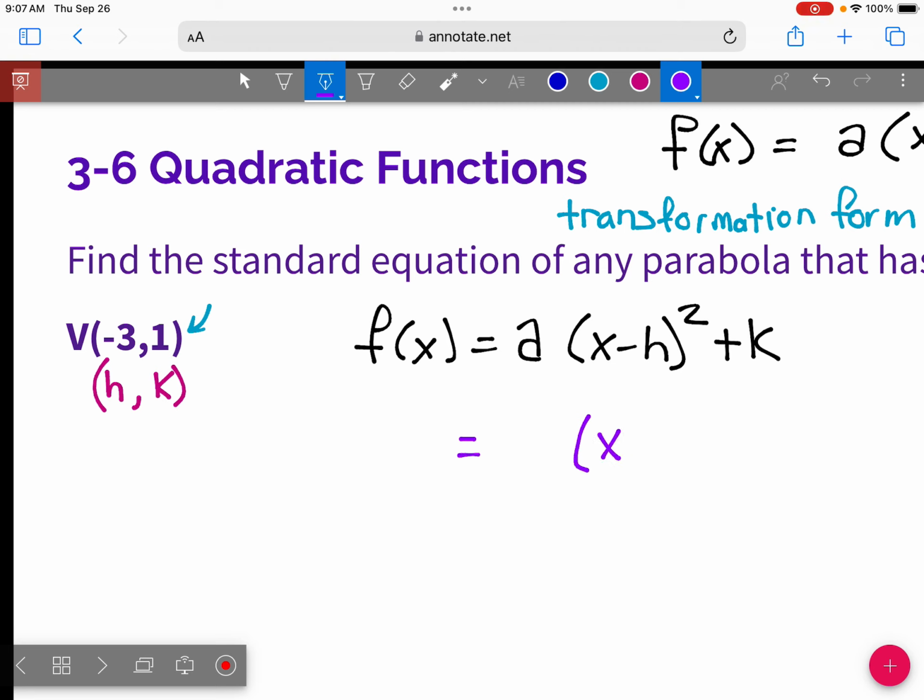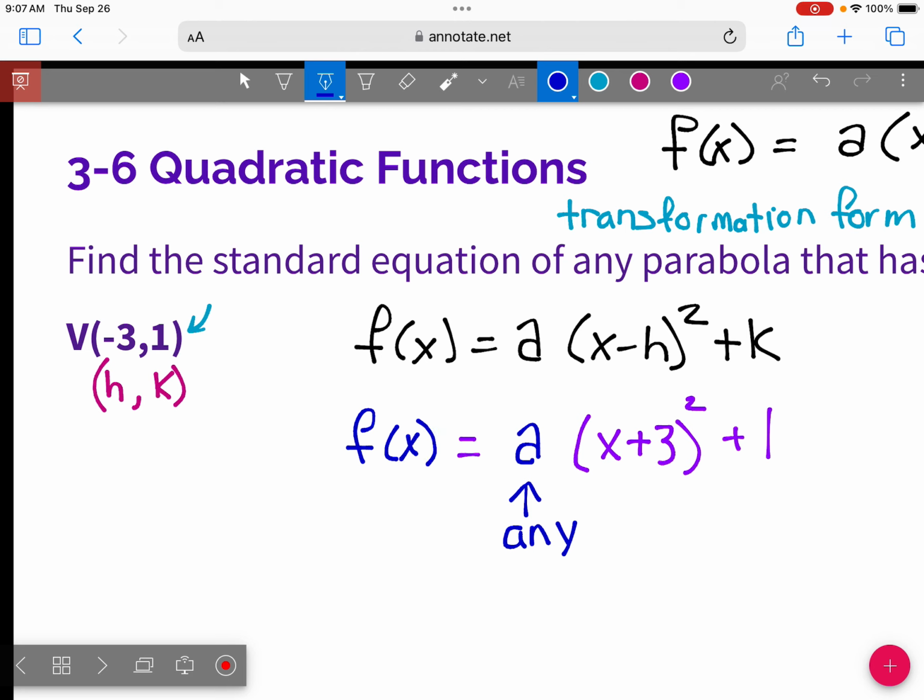The -3. So we're going to have x minus -3, which becomes x plus 3 squared. And what's our k? 1. And we're going to leave this a here. This is what makes it any. So our function, f of x, is this.